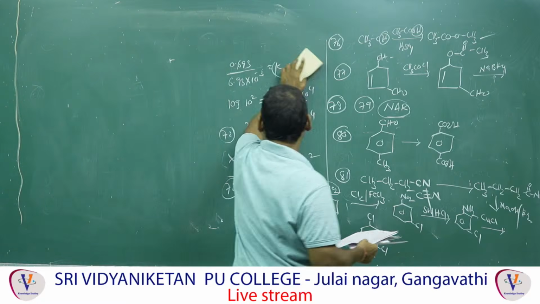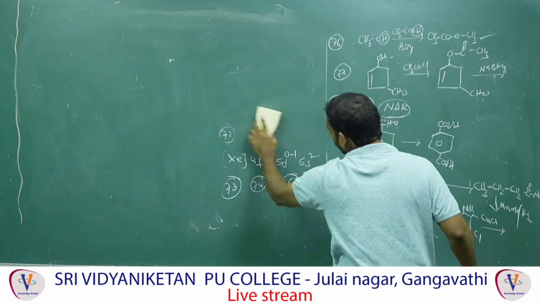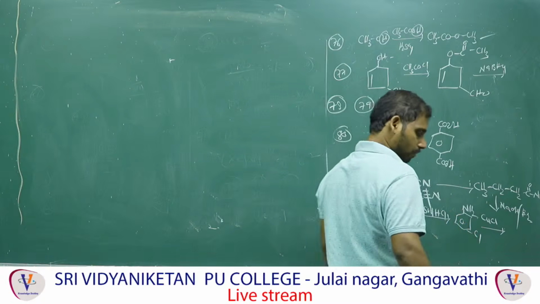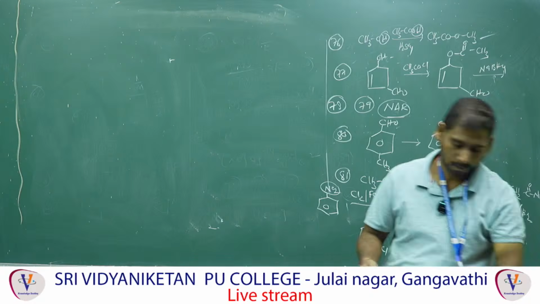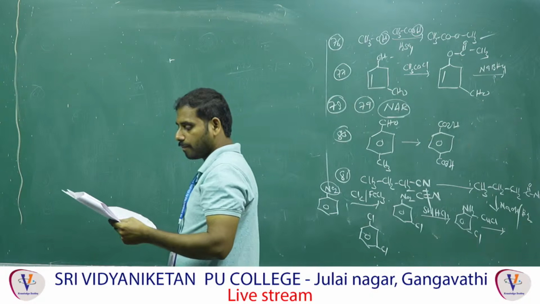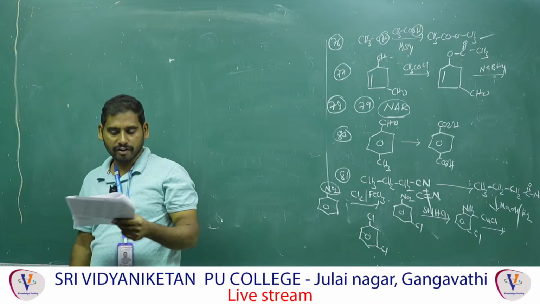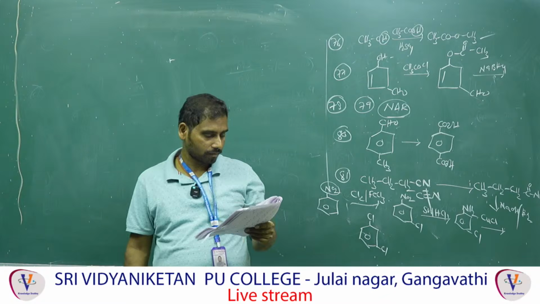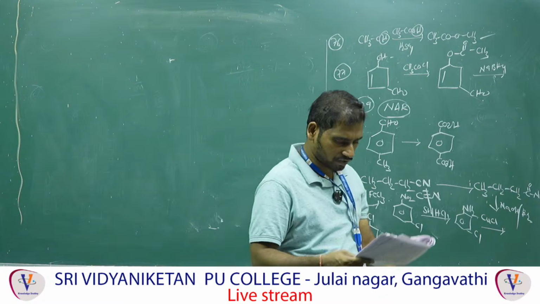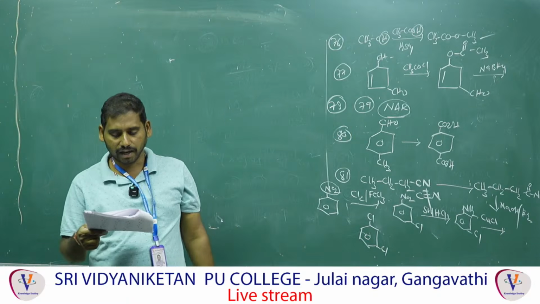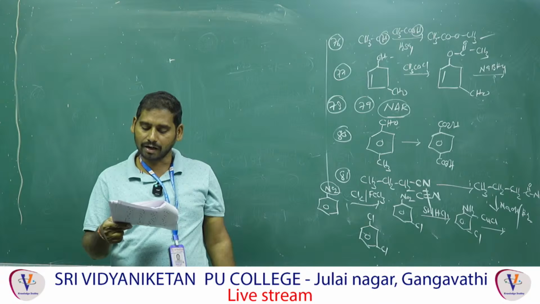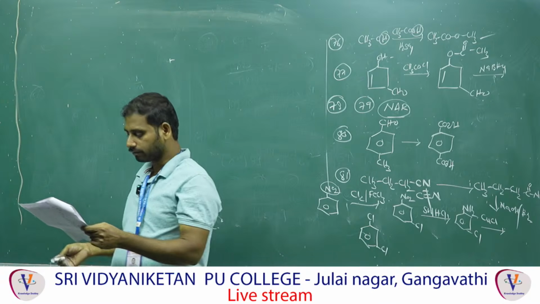An amino acid sequence is given. This amino acid sequence you should know. First one, then next serine, aspartic acid, glycine and alanine. Right?